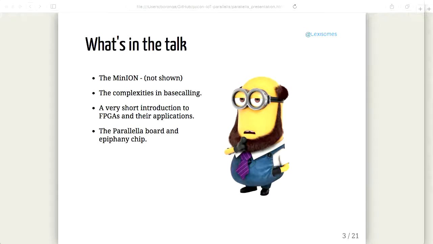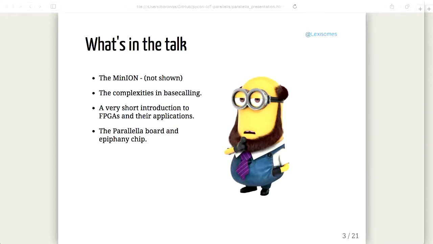So we're going to talk today about the MinION, not the one on the right here, but this little device here, which is a little DNA sequencer. DNA sequencers themselves are generally the size of massive computers. We'll also talk about the complexities in base calling, that's inferring the analog electrical data that you get off a MinION into As, Cs, Gs and Ts that make up who we are. A very short introduction to FPGAs. If you were here for the last talk, it's nothing like that at all.